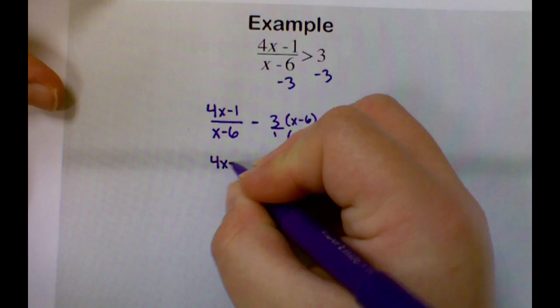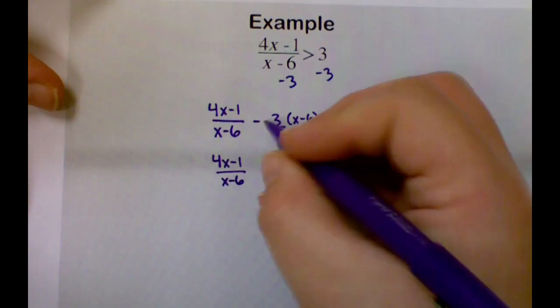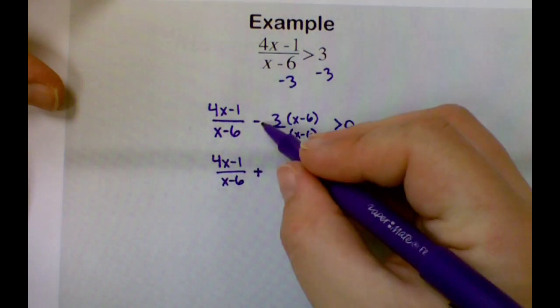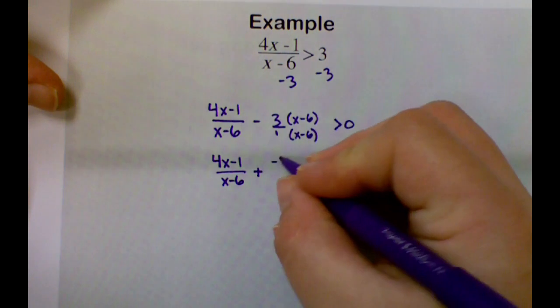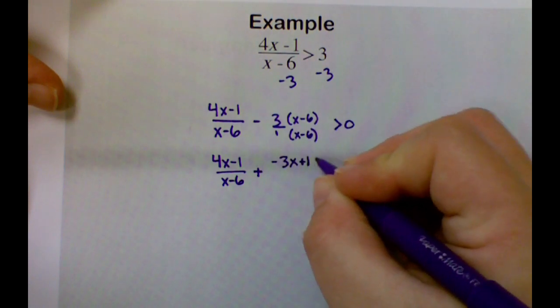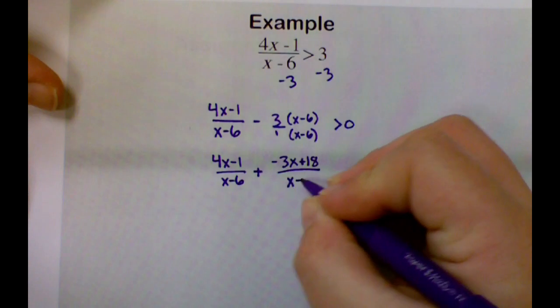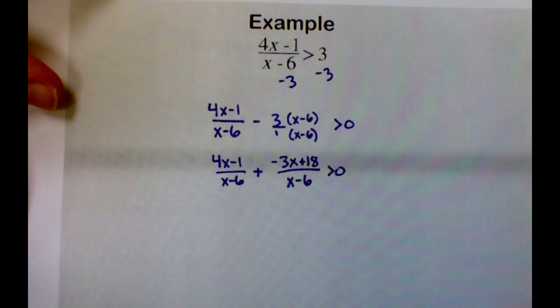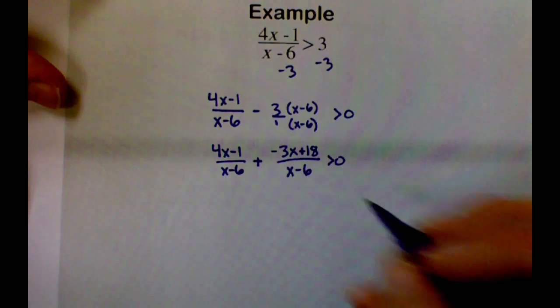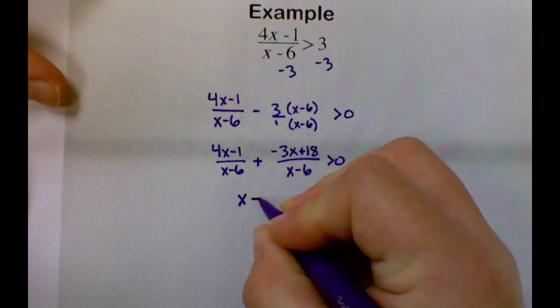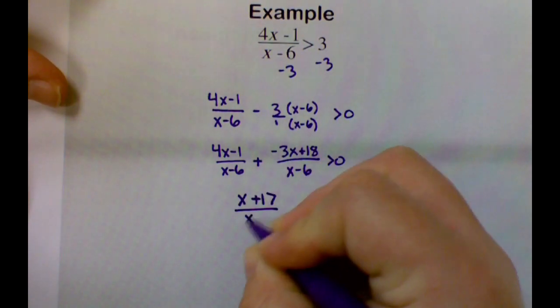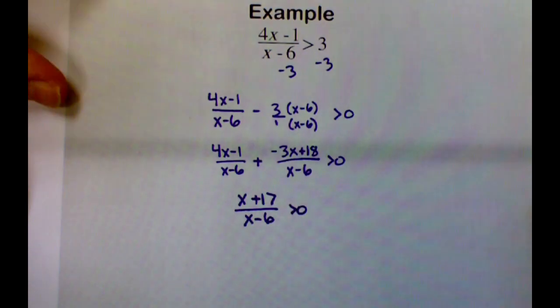I have 4x minus 1 over x minus 6. I'm actually going to turn this into a plus and distribute negative 3 this time. So negative 3x plus 18 over x minus 6. Just makes it a touch easier when I combine my like terms to get me positive x plus 17 over x minus 6 is greater than 0.